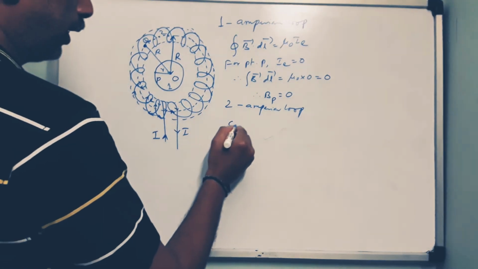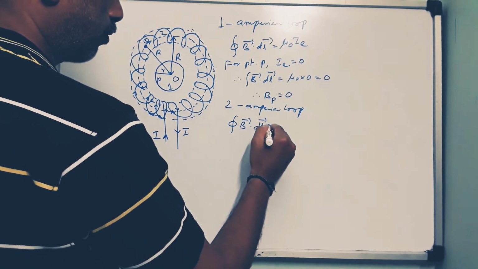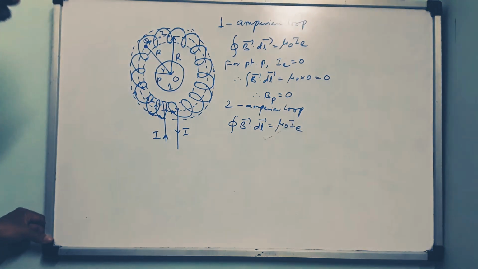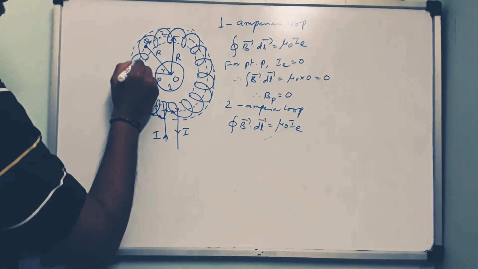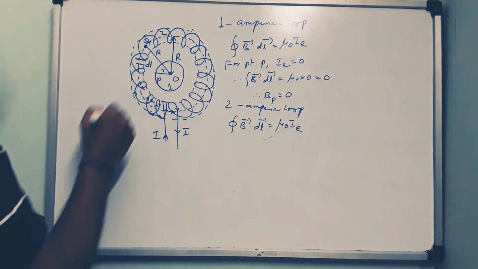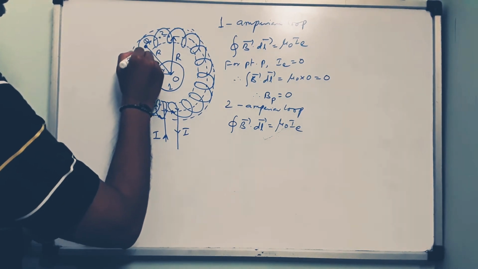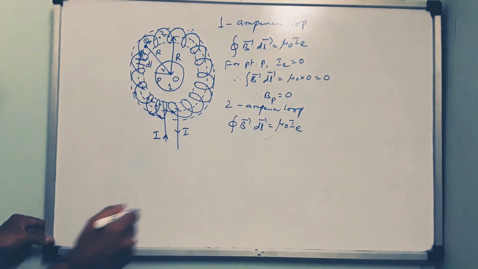So the line integral of B dot dl equals mu naught into IE, where dl is the element of the Amperian loop. Now if you consider a small element dl on the Amperian loop, the direction of dl will be like this, it's a tangent, and the magnetic field also will be pointing in the same direction.